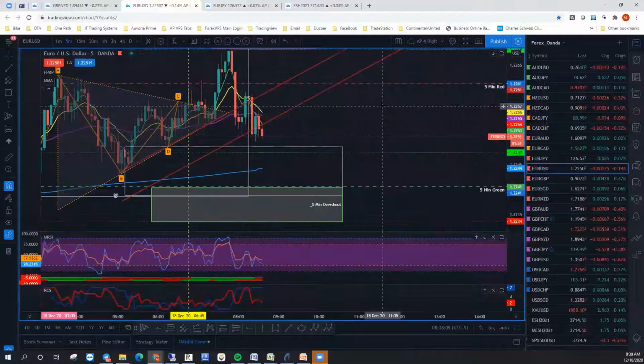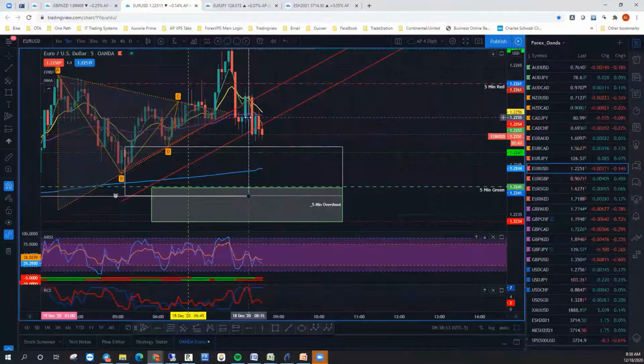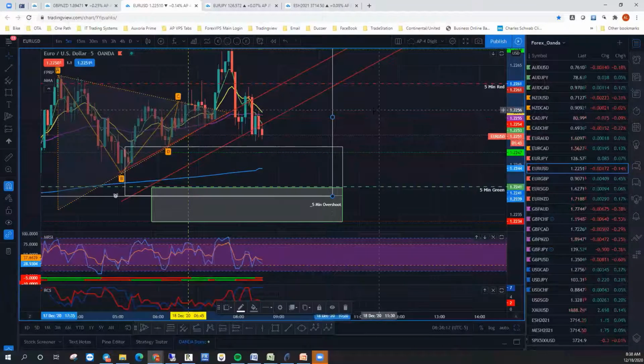My crystal ball is a little foggy on this one, but it hasn't broken through the overnight session yet. All the moving averages on the 5-minute are now pretty much, we're about ready to get the 1362 cross, which is a major crossover.